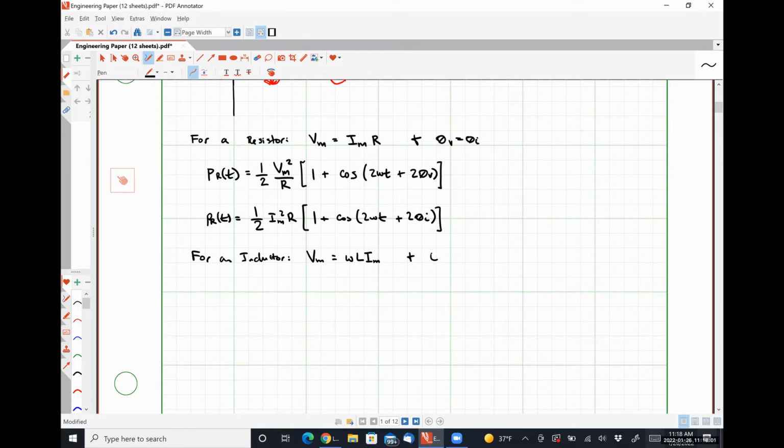And we know that theta V is equal to theta I plus 90 degrees, which means theta V is always 90 degrees more positive than theta I. So the current is always lagging the voltage. So I'll make sure I'm getting the right relationship here.